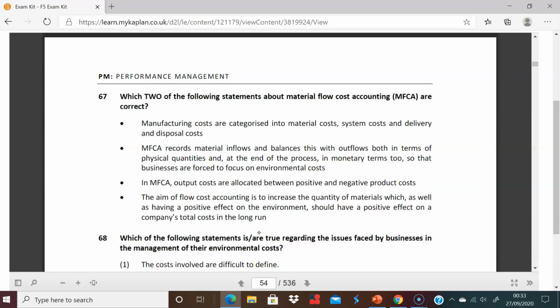That's what we're really trying to do. It's about trying to reduce the quantity and not increase the quantity. And that's where that is wrong. So the first answer and the third answer are good.